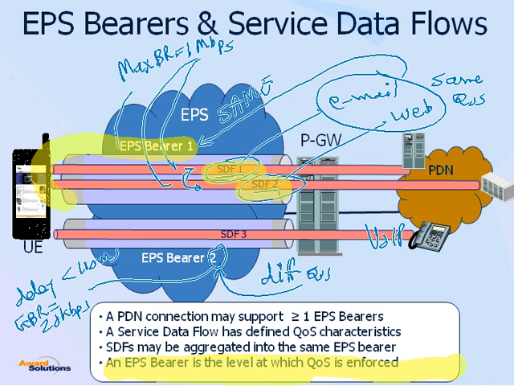Maybe 900 kilobits per second for email and only 100 for web browsing. That may happen because we did not guarantee the QoS for the SDF. We guaranteed QoS for the bearer. So in summary, always remember that the bearer is the level at which we control quality of service. Okay.